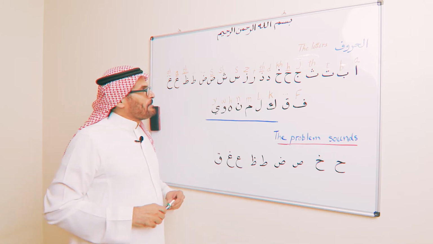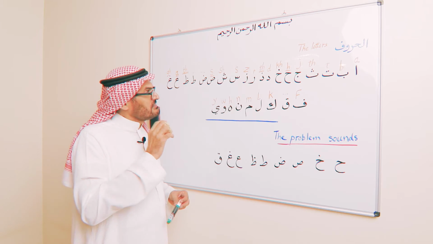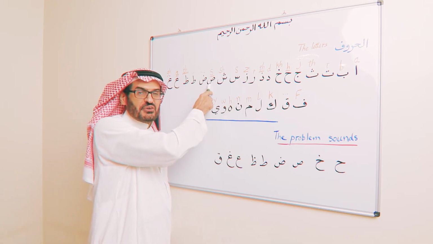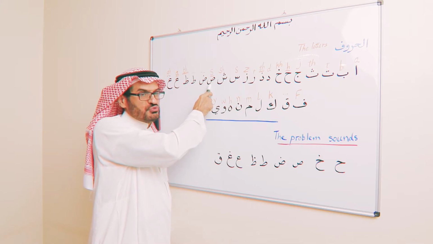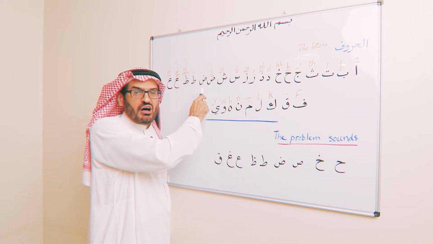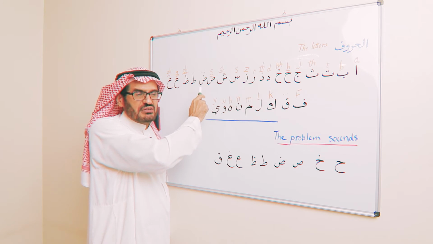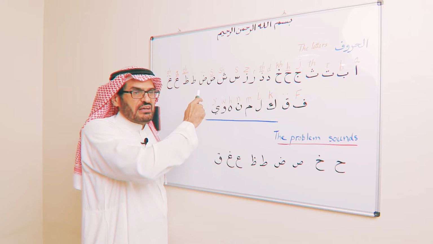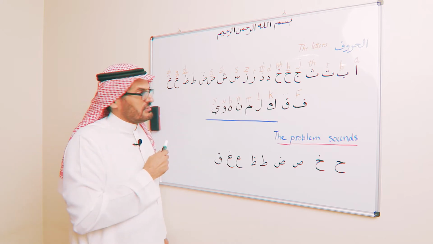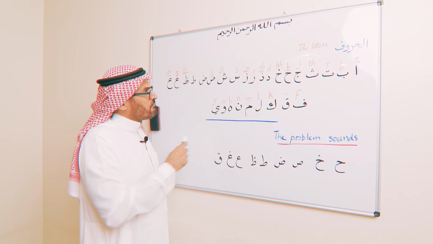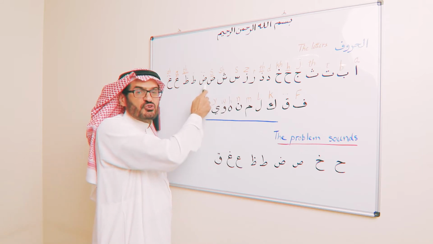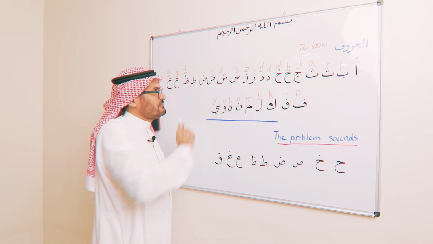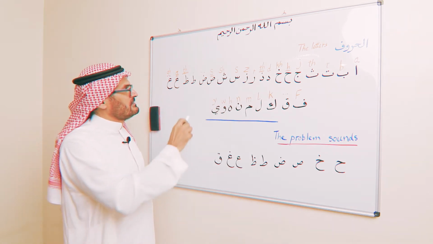Then this is a special sound, Sad. Its name is Sad, but we pronounce it like "us". This is "is", this is "us".